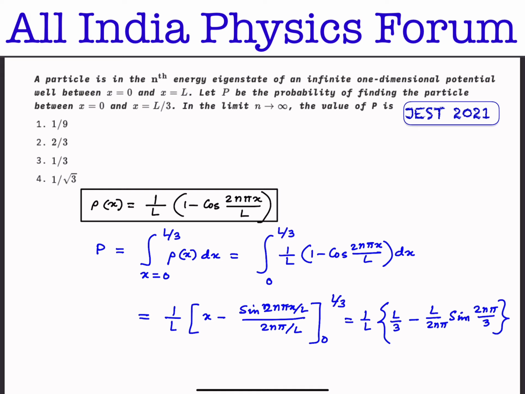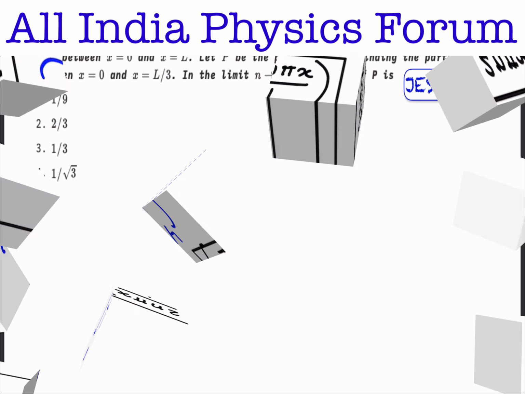As you can see, if you take the limit n tending to infinity, this should be 1 upon 3. The second term contains L by 2 n pi, and this sinusoidal part will always be within minus 1 to plus 1. So as n tends to infinity, it will simply give you 1/3.